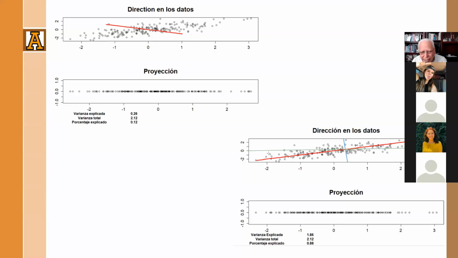These are my original axes, right? So in essence, what we're doing is just rotating the original axes, by this number of degrees, let's say. Okay, it's a rotation of the axes that we're looking for to explain most of the variance.